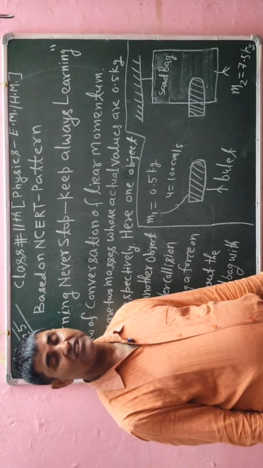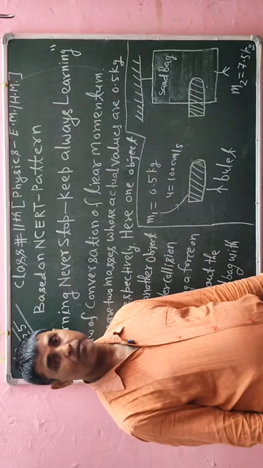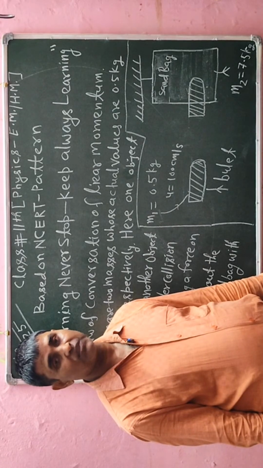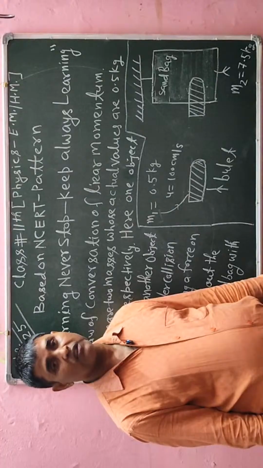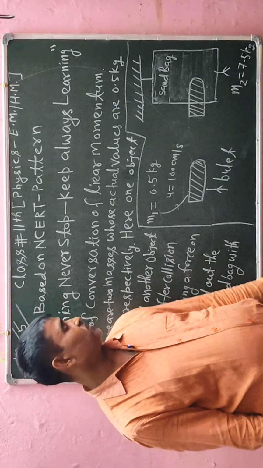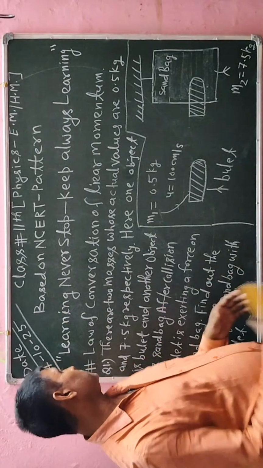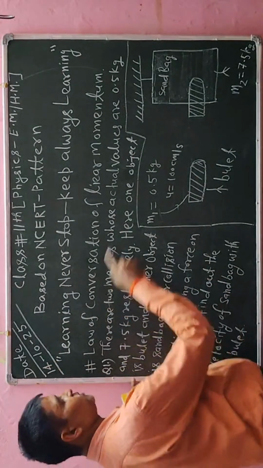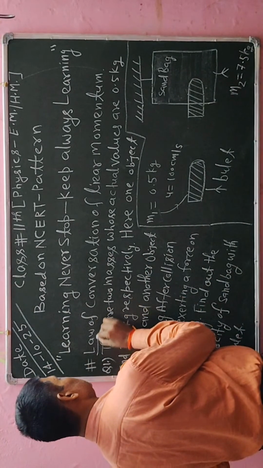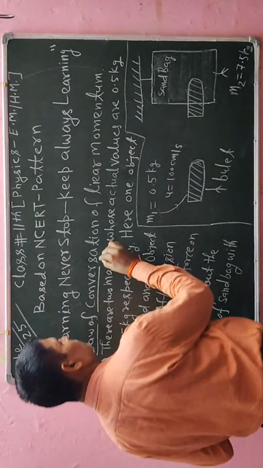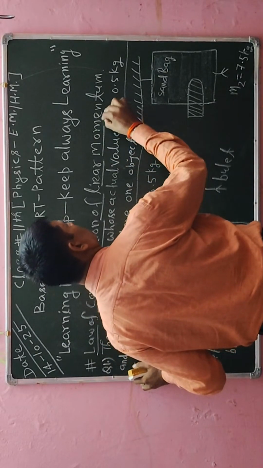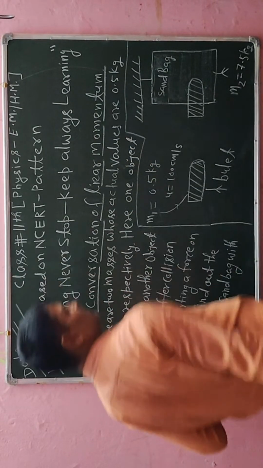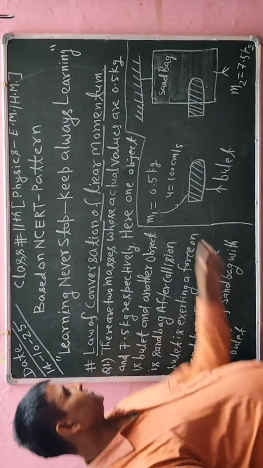In other words, we can say that the energy of the whole system will be constant. Okay, students, so the law of conservation of linear momentum is a very important topic. We have to use this concept to solve the numerical and the information shown in the figure.